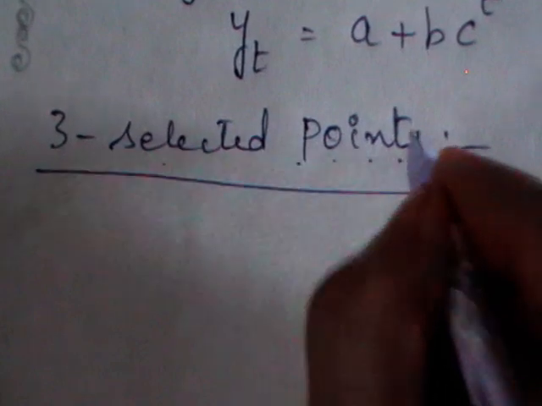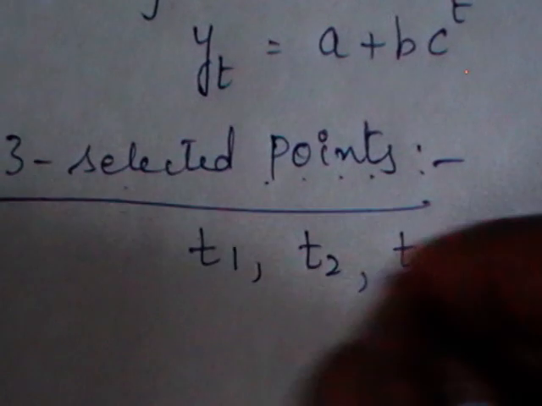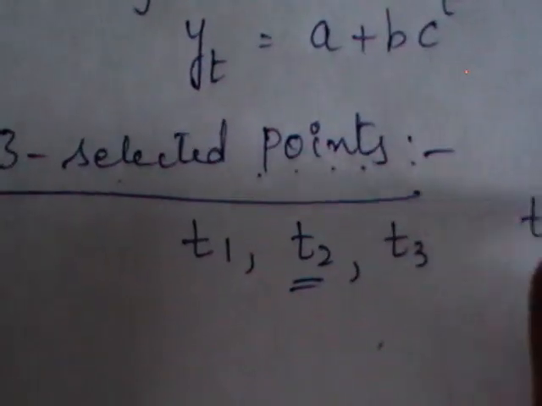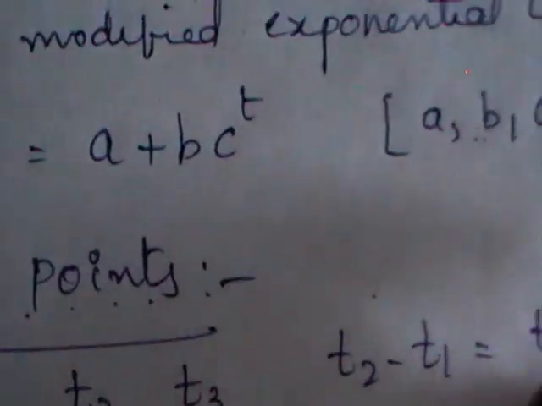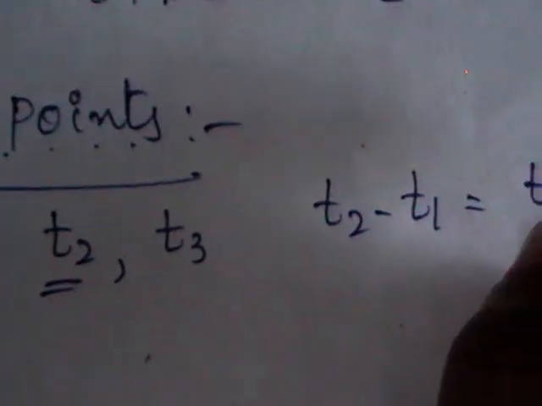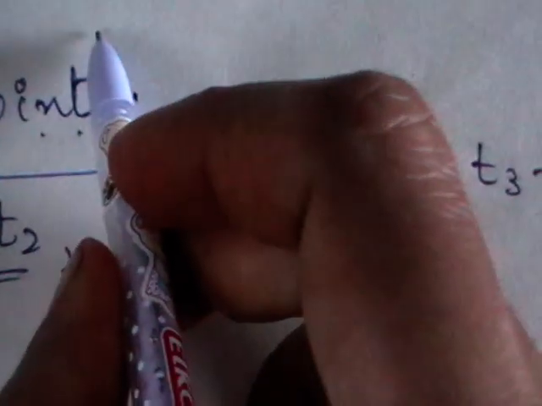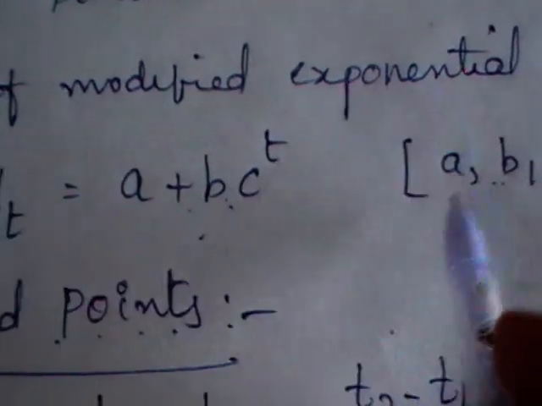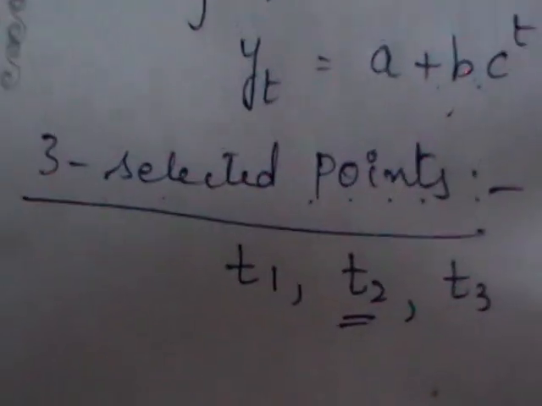Under this method we are going to choose 3 points t1, t2, t3 such that t2 is the middle value, that is t2 minus t1 is equal to t3 minus t2. Again I am repeating, to fit the modified exponential curve yt is equal to a plus b c power t, where a, b, c are the constants, we use the method of three selected points.